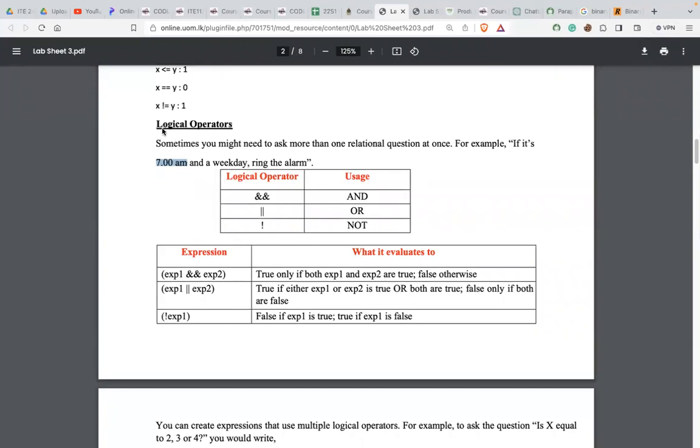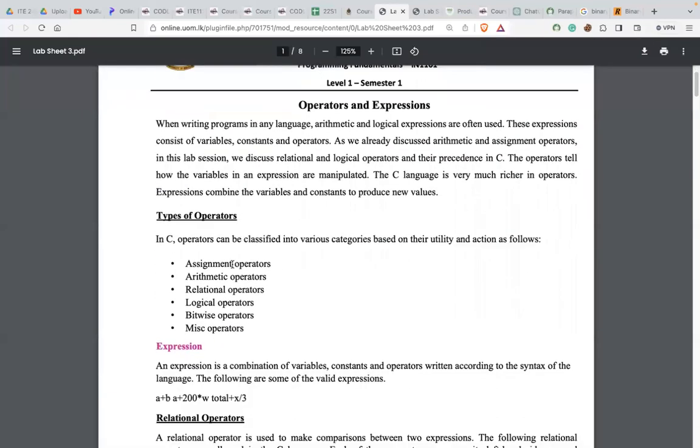In such a situation, we need to go for the logical operators. There are several logical operators available. One is the and sign. Remember that there should be two and signs for the logical operator. If you use a single and sign, it is another operator we call the bitwise operator, which will come later.